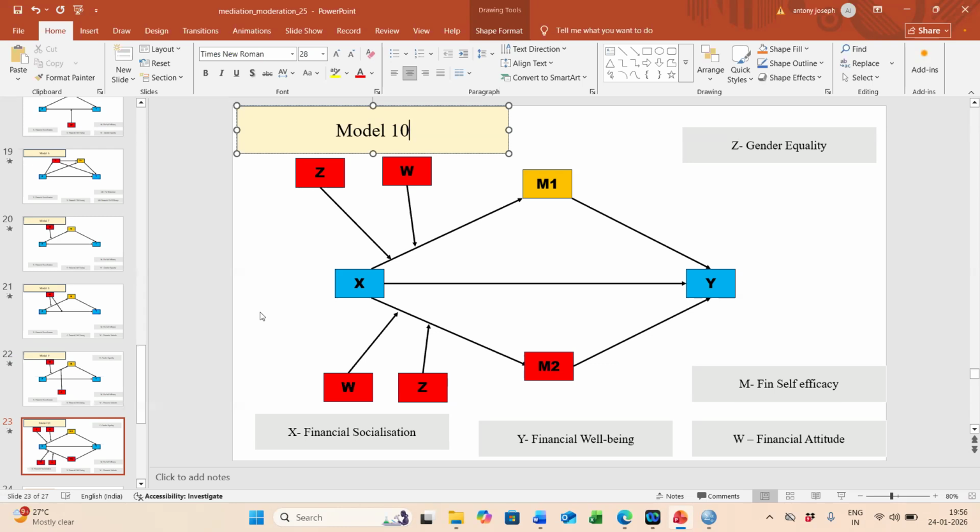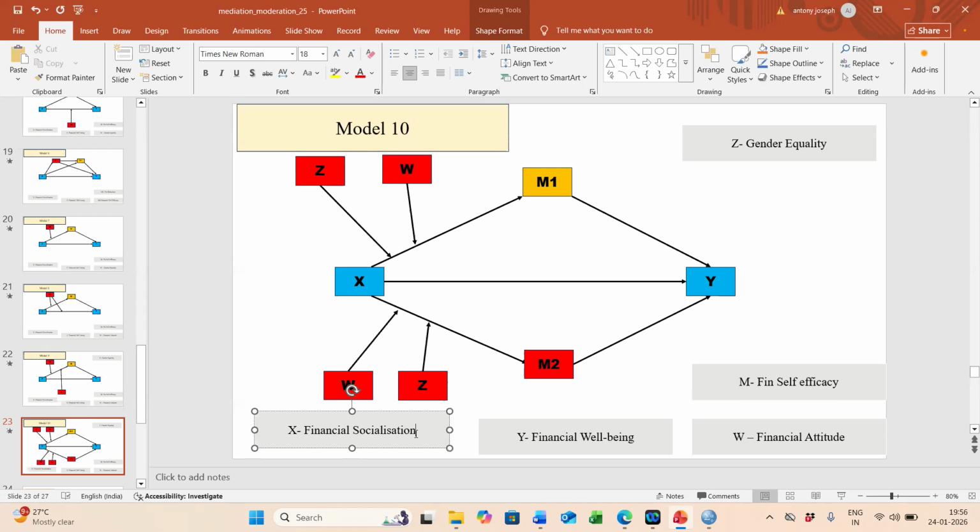Okay, may I make a change in the variables? We have seen socialization and well-being so many times, so we have some other variables also.